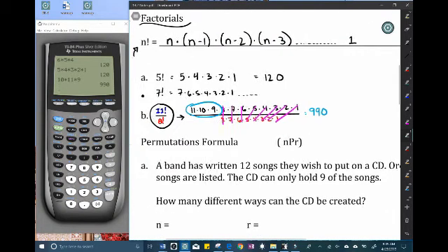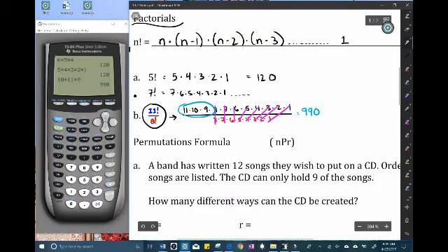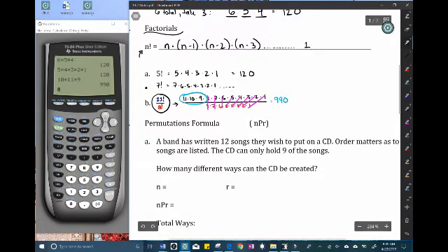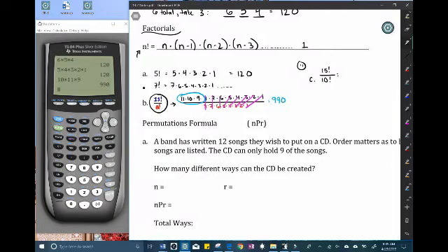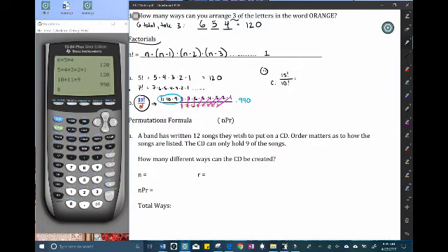So just real quick, I'd like you to try one. Write this one off to the side. Try out 15 factorial divided by 10 factorial. Pause the video, type it in there, and then try it out. As you're doing that, 15 factorial is really 15 times 14 times 13 times 12 times 11 times 10, and then all over 10 factorial.